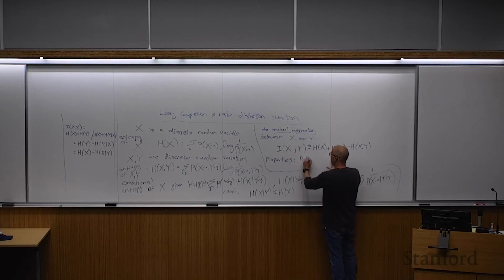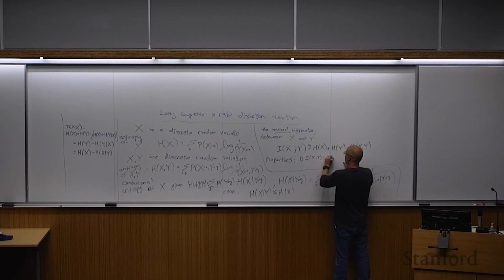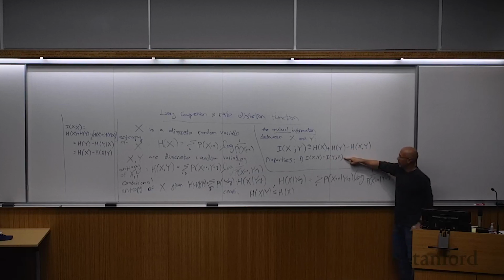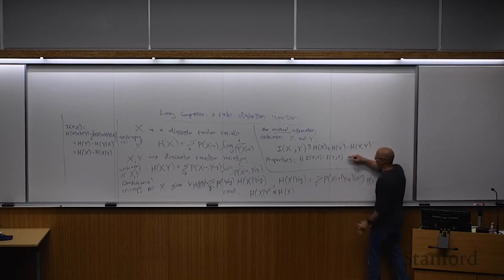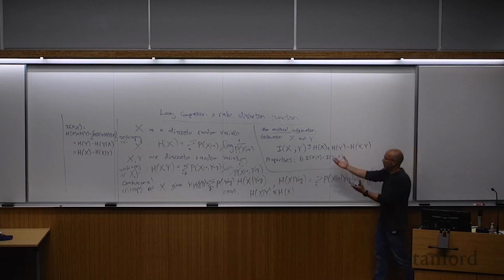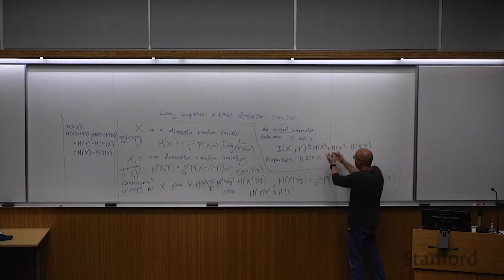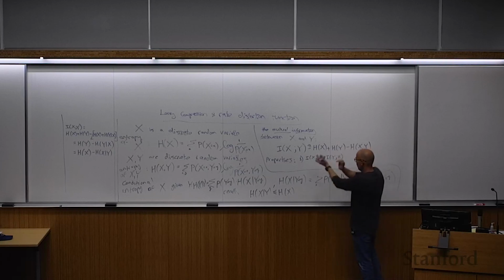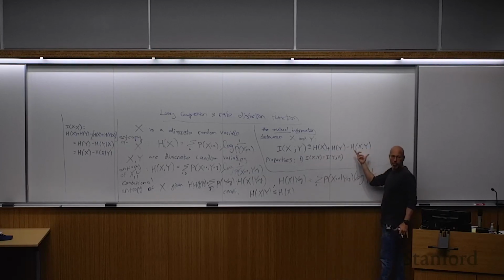So the mutual information between x and y is equal to the mutual information between y and x. One way of seeing it is from this presentation: it's the entropy of one plus the entropy of the other, so that's invariant to the order between them, minus their joint entropy.